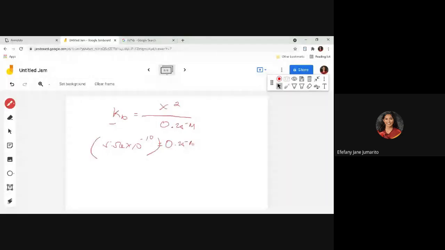That will be your x squared. Now take the square root, so x is equal to, I just did it directly.